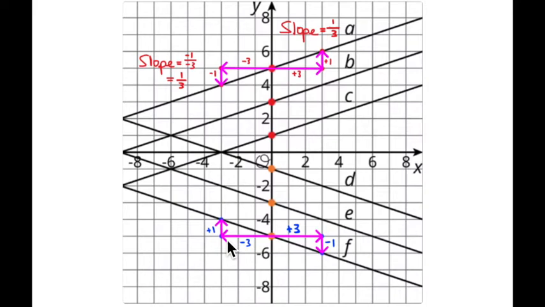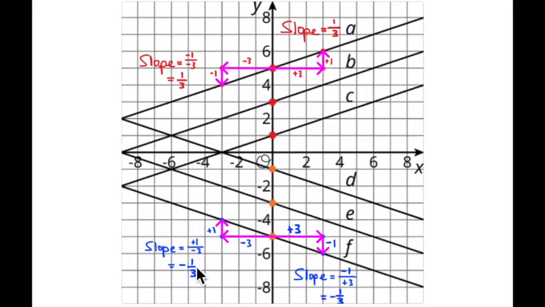So if you go in the x direction -3 units, and up a positive 1 unit, that's a slope of positive 1 over -3, which is a -1/3, or a -1 over positive 3, which is also a -1/3. And notice that they are additive inverses. There's not really any meaning behind that other than that they're additive inverses. So they go in the opposite direction the same amount.